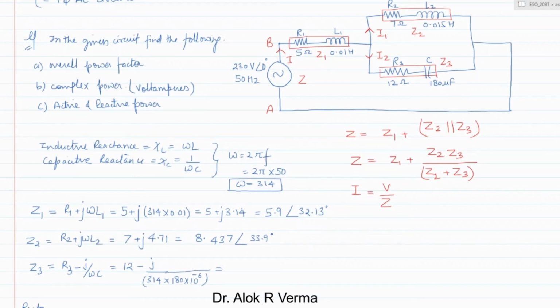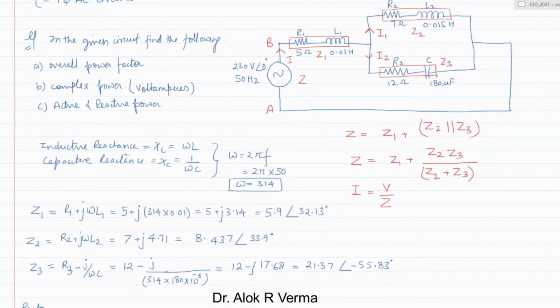If you solve this, you get 12 minus j of 17.68. The same value in polar form, we can write as 21.37 angle of minus 55.83. So these are the values of Z1, Z2 and Z3.